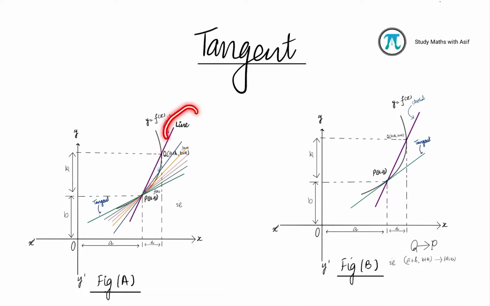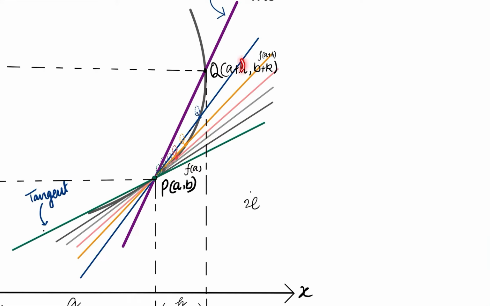So this straight line becomes tangent when this point Q tends to P. When it tends to P, then a+h goes to a and b+k goes to b. You see, the first coordinate becomes a and the second coordinate tends towards b, right?